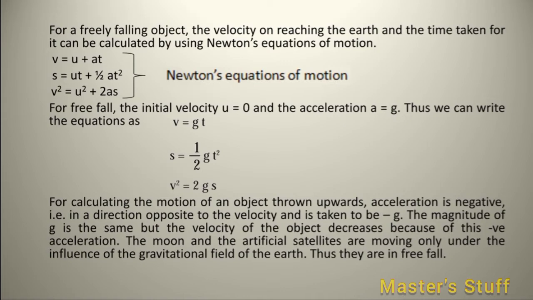The magnitude of g is the same, but the velocity of the object decreases because of the negative acceleration. The moon and the artificial satellites are moving only under the influence of gravitational field of the earth. Thus, they are all in free fall.